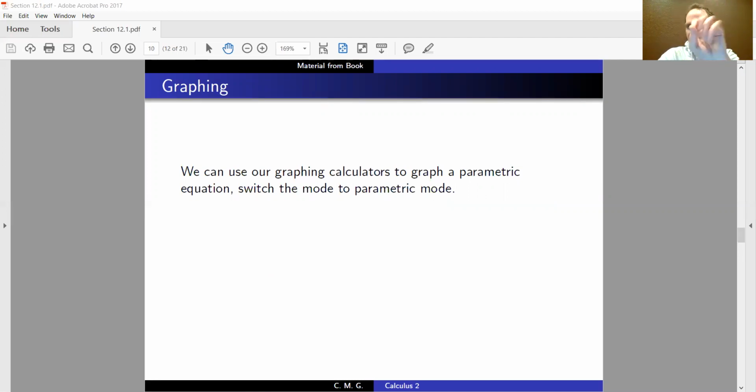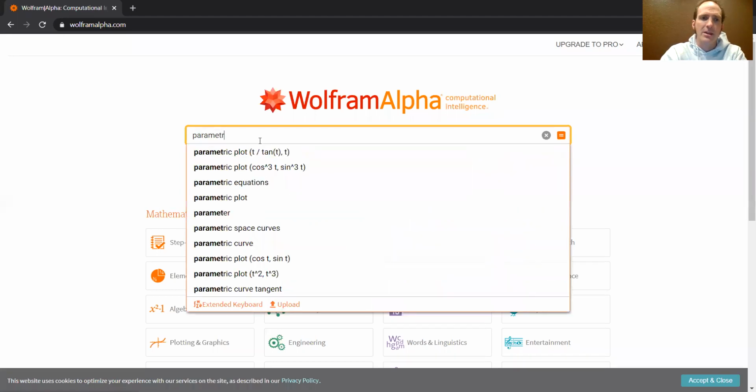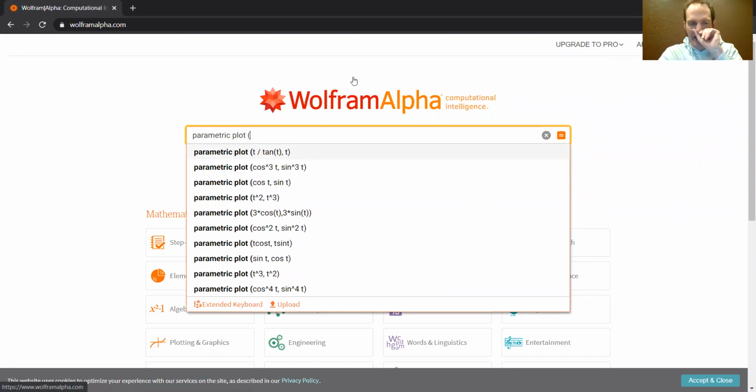You just plug in an x of t and a y of t, and that gives you what you need. If you're not using a calculator and you want to use a computer, you can do that as well. You can use Wolfram Alpha, or whatever your favorite one is. For Wolfram Alpha, you need to do parametric plot, and then you enter the curves that you want. The first one will be x, the second one will be y.